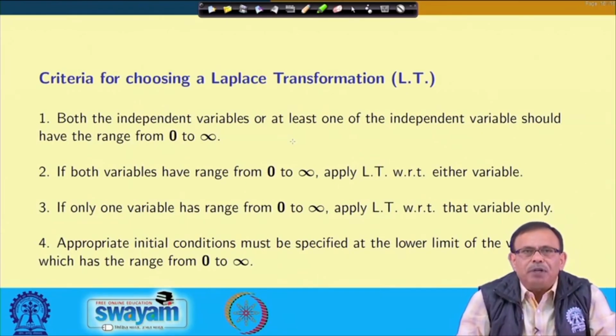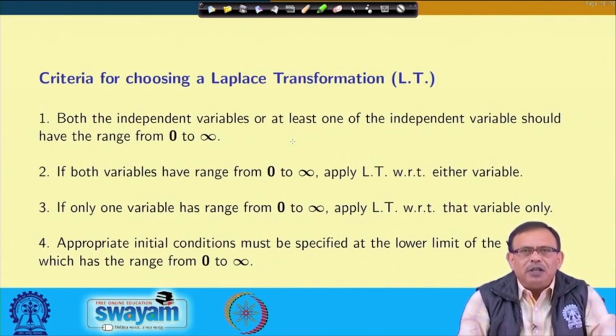Please note, appropriate initial conditions must be specified at the lower limit of the variable which has the range from 0 to infinity. I will explain in the next slide what we mean by appropriate initial condition. Whenever you take Laplace transform of a second order derivative, whether partial or ordinary, some constant values come, and if I do not know the values of those constants, it becomes difficult for us to solve the problem. Therefore, the fourth criterion is very important.